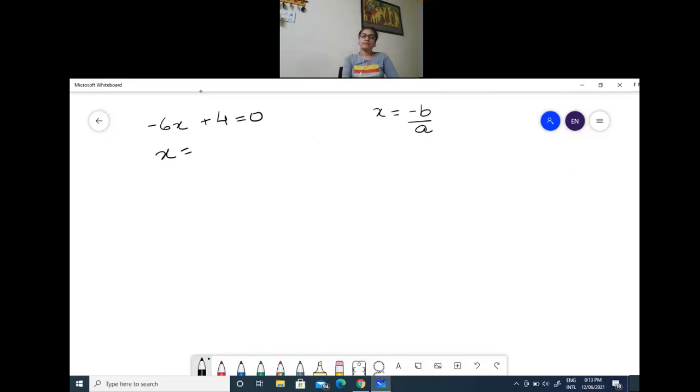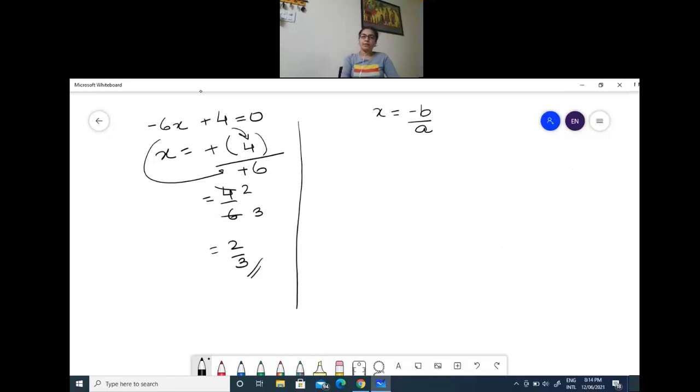So b over here is 4 and a over here is minus 6. Minus, minus cut. So 4 by 6. 2 twos are 2, 2 threes are 3, the answer is 2 by 3. Please don't make mistakes as far as negative numbers are concerned. Use the property of integers very carefully.